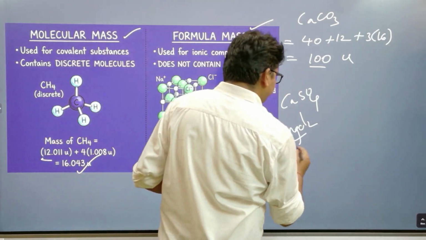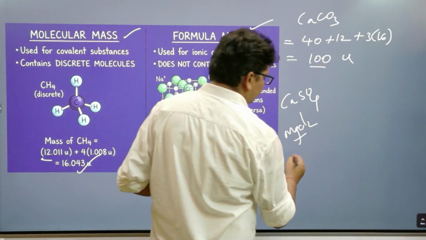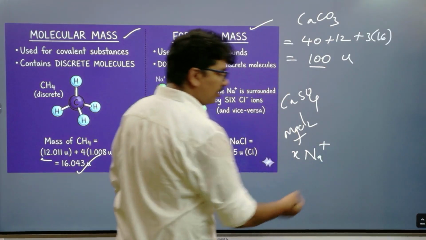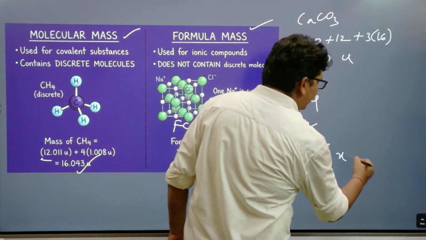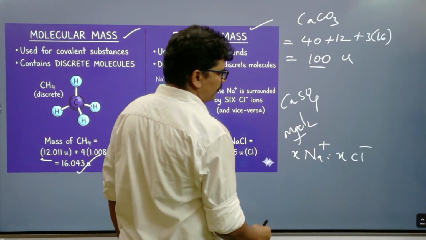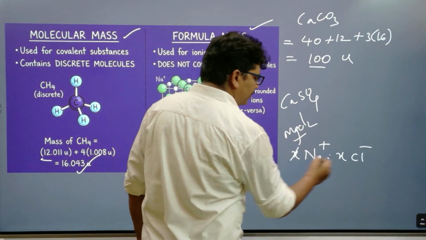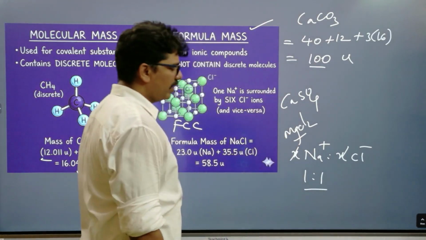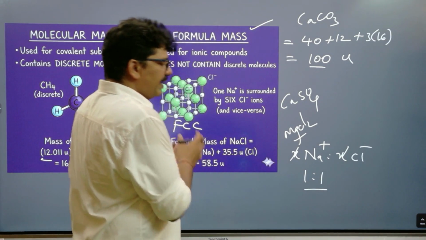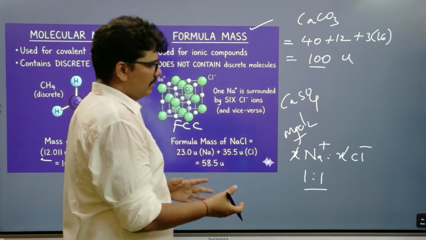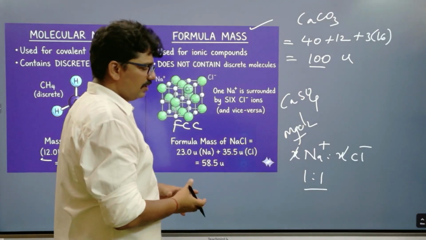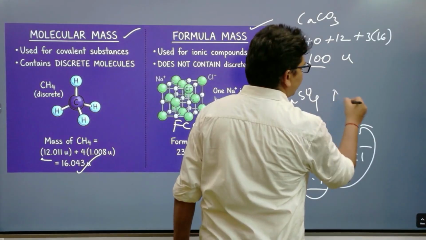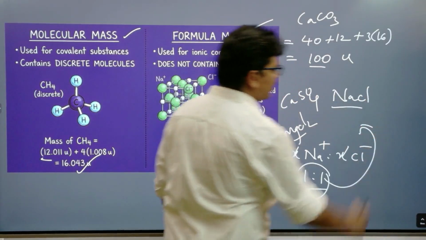For example, in this crystal, I got some X particles of Na plus and X particles of Cl minus. So X cancels, giving a 1:1 ratio. So one Na plus ion and one Cl minus ion is there in any amount of crystal. This 1:1 ratio is taken as a formula, that is NaCl. So this is a formula unit.